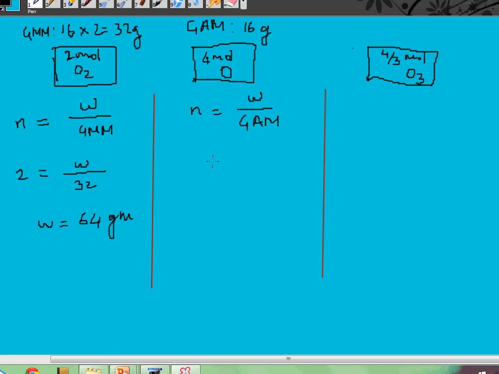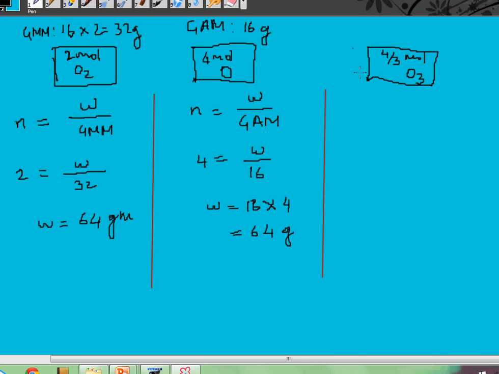That's just one atom O. So number of moles 4 is equal to given mass W divided by gram atomic mass 16. So W comes out to be 4 into 16, that is again 64 grams.